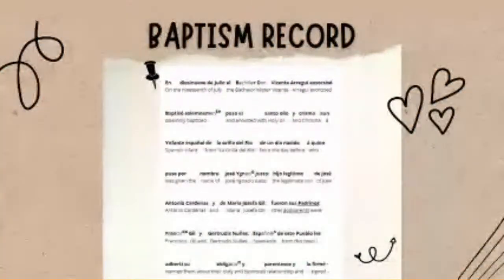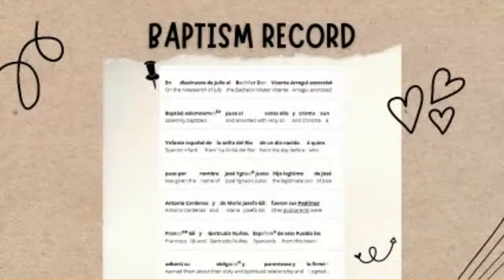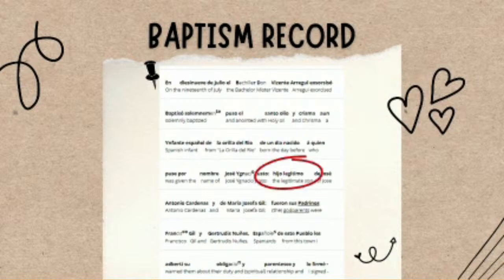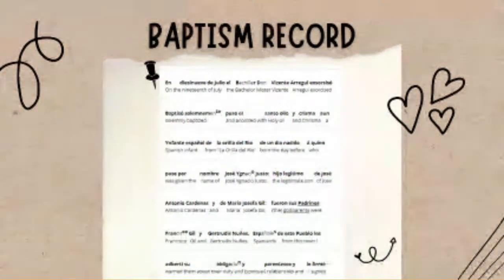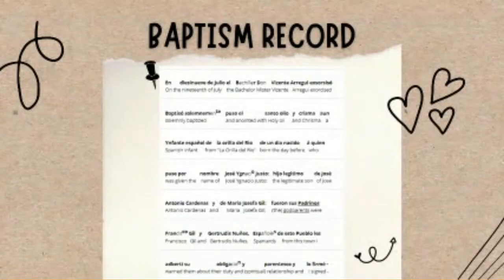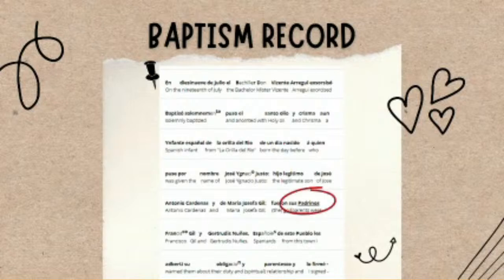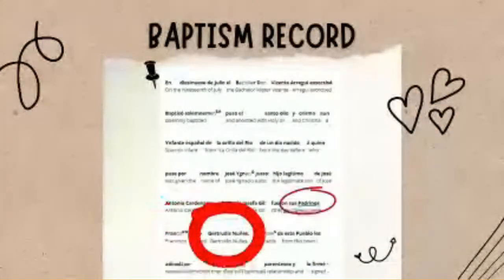This is a baptism for a male child, so the term in front of the father's name is hijo legítimo, or the legitimate son of. This means that the parents of this child were married at the time the record was created. You will also see padrinos, which are the godparents. There is usually a male and a female godparent that are there to witness the event.